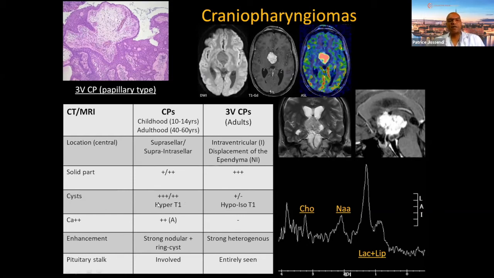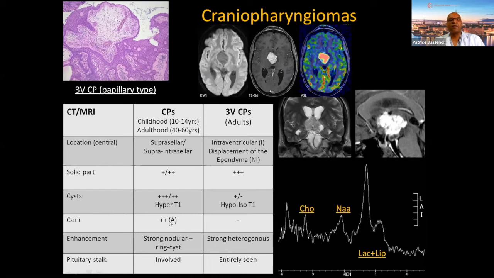And the cystic part appears hyperintense on T1 images often because of the content of the cyst, and the cystic part will appear hypo to iso signal on T1 in the third ventricular CPs. There is no calcification found in the third ventricular CPs.